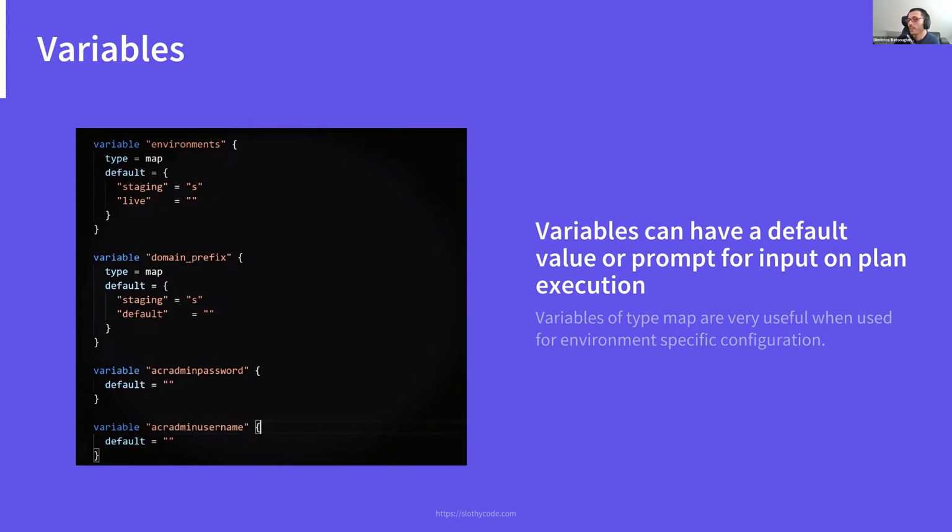So if you can see the first variable, I'm declaring a variable named environments, and it's a map. So how would this be used?